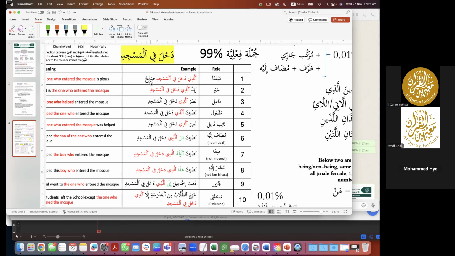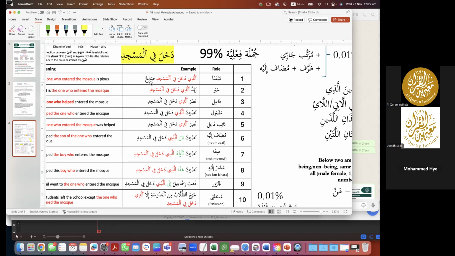This is giving you more control on the sentence. Alhamdulillahi Rabbil Alameen. Are you understanding? Ismul Mawsul and Silatul Mawsul together, Jumlatul Mawsul, is a mubtada, and salihun is the khabar. The one who went to the mosque is a salihun. Shall I move to the next one?